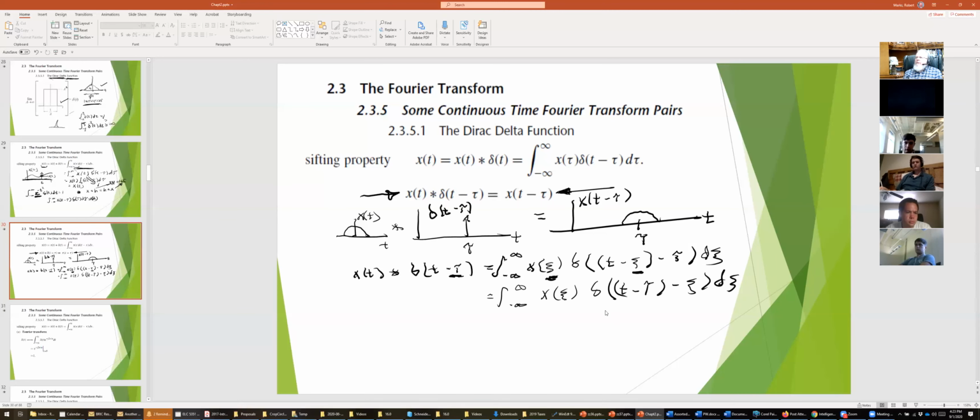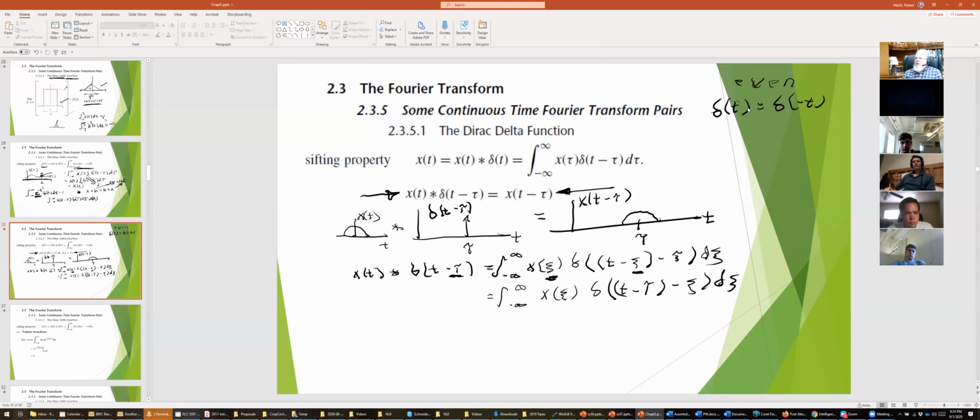One of the properties of the delta function is that it is even. If you take a Dirac delta and you flip it around the y-axis, that Dirac delta hasn't changed very much, has it?